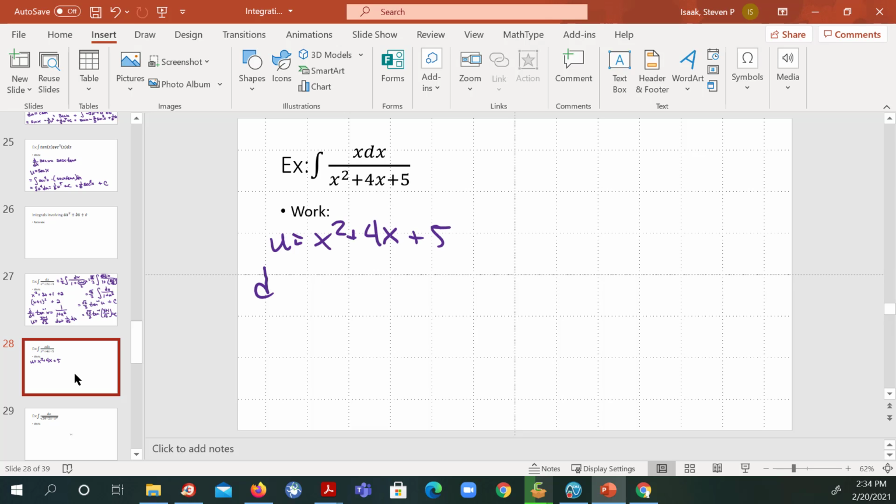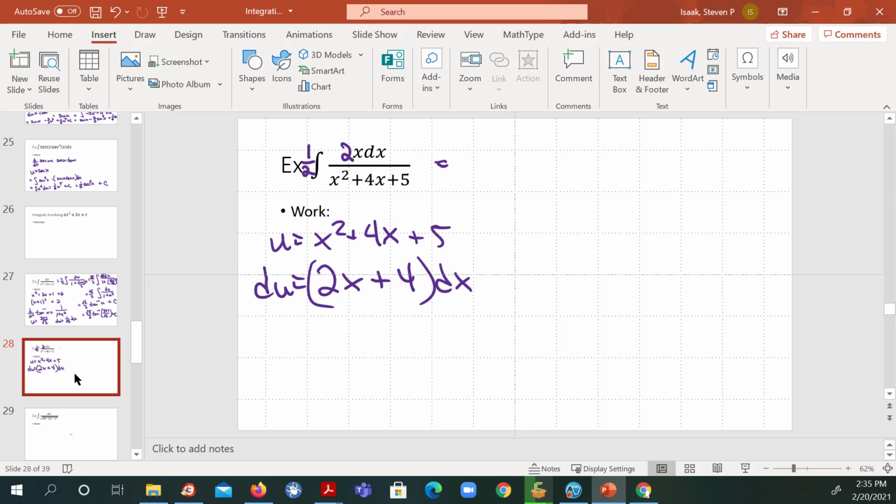Okay, so du is 2x plus 4 dx. So first thing I'm going to do is double and cut in half. Now I have the 2x.